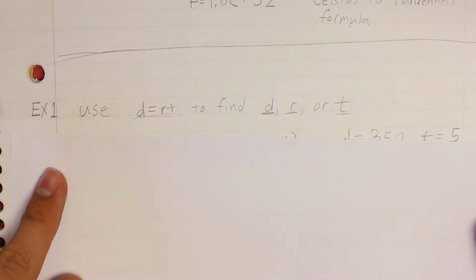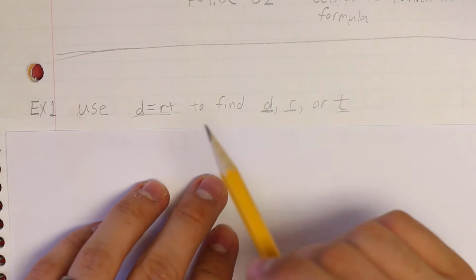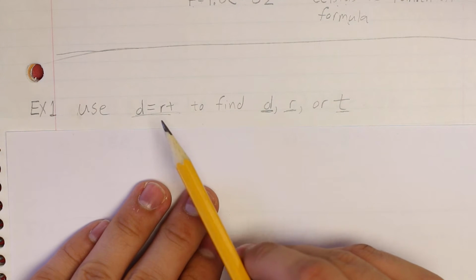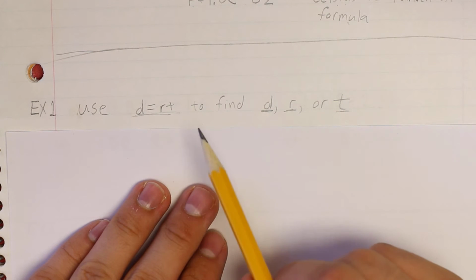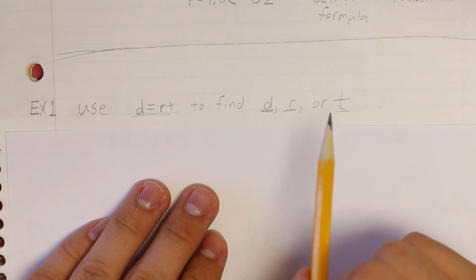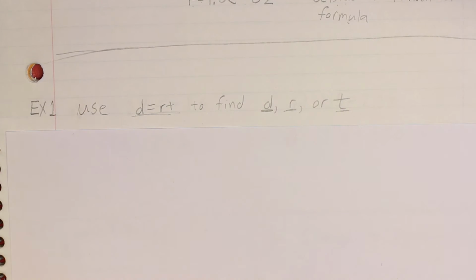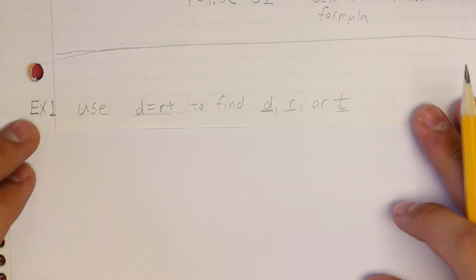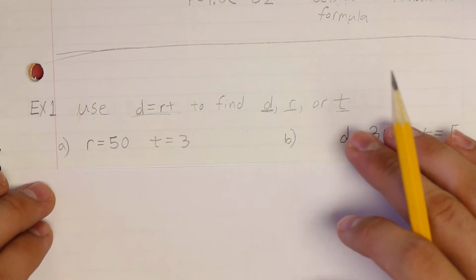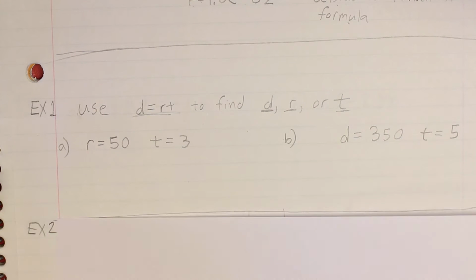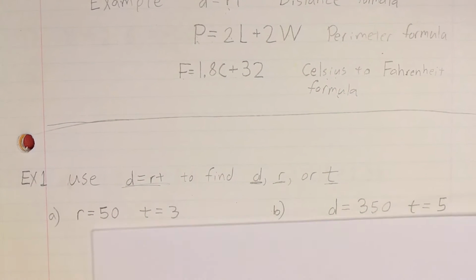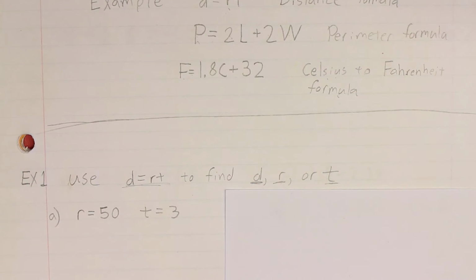Let's look at how we would use some of these formulas. For example 1, we're told to use the distance formula to find D, R, or T. They're going to give us 2 of the variables and we have to find the missing variable. Let's just work this one out.